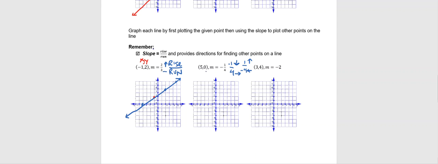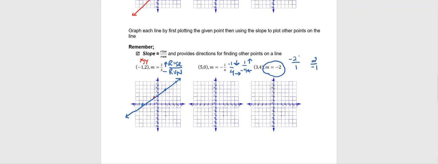Those are both slopes that are equivalent to -1/4. Likewise, with this slope here, being that it's negative, I can think of it as -2 over +1, or I can think of it as the opposites of those, 2 over -1. And let the signs dictate your direction.